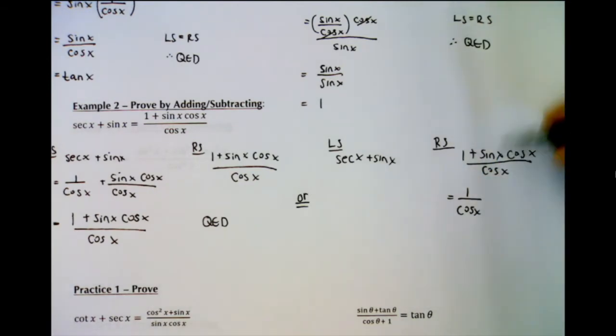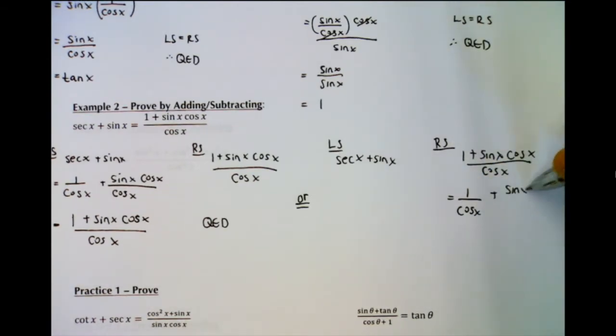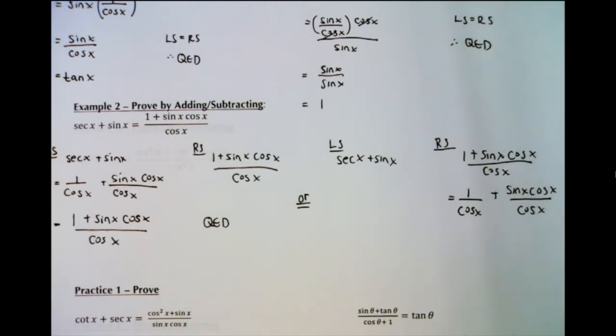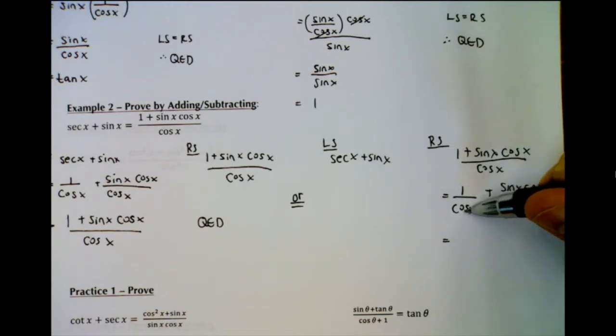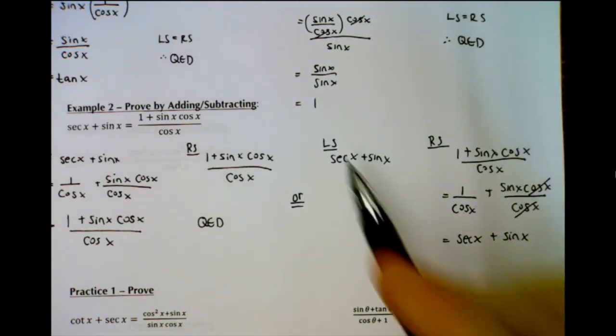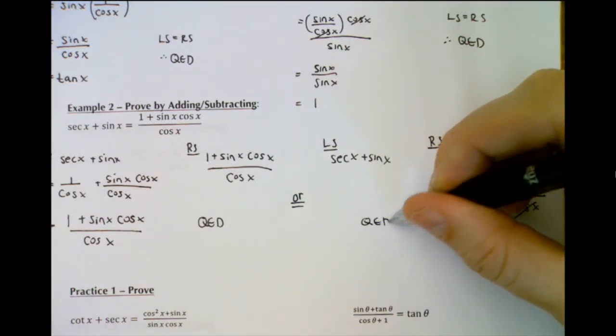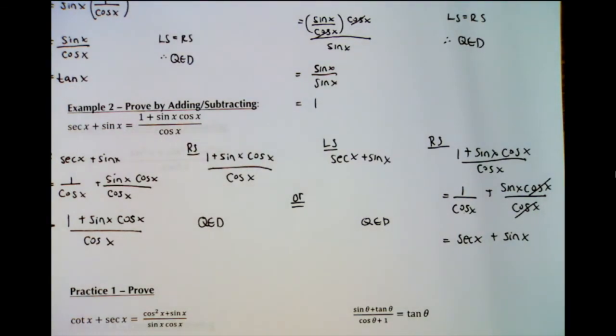Our second fraction would be sine x cos x over cosine x. And now we can just simplify. Cosine x divided by cosine x is 1, so our second term is just sine x, and 1 over cos x is the definition of secant. So we have secant x plus sine x, and that's our left side. So we have just demonstrated the proof from the other side as well.